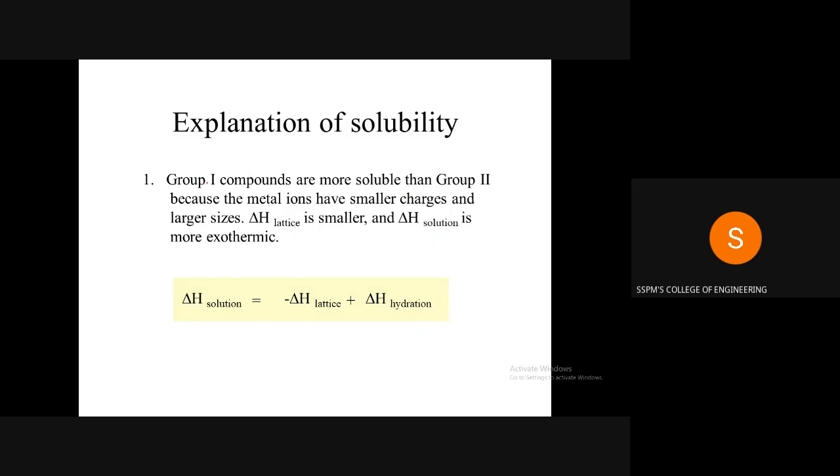Then group 1 compounds are more soluble than group 2 because metal ions have smaller charges and larger size.